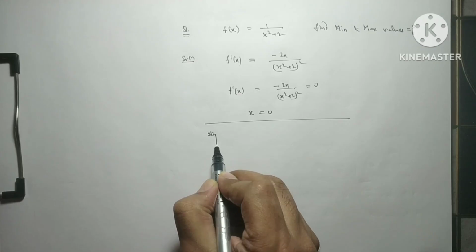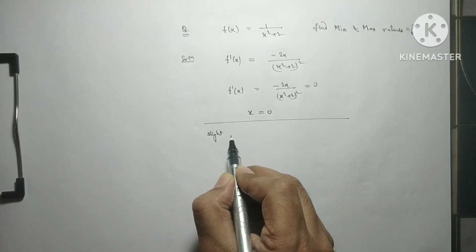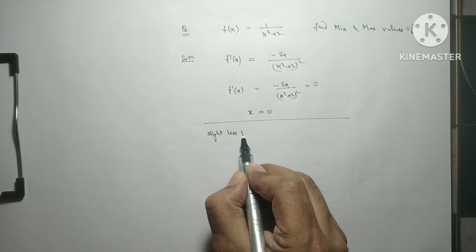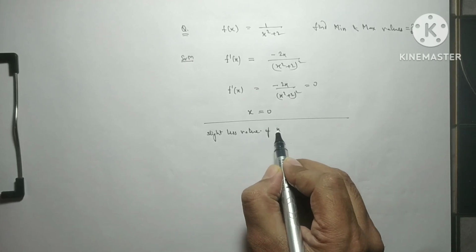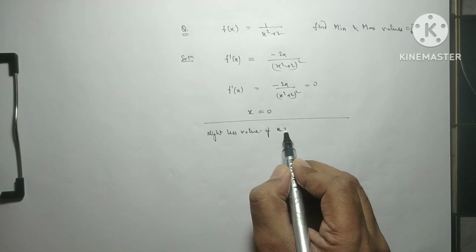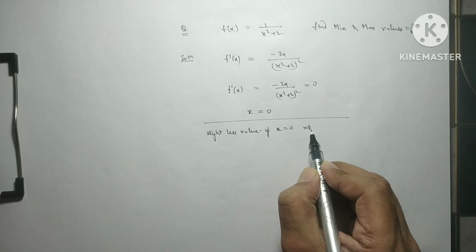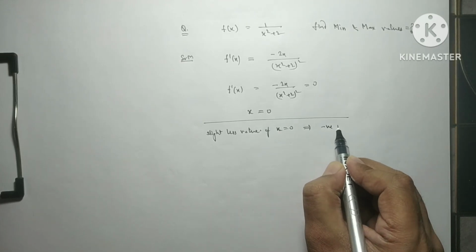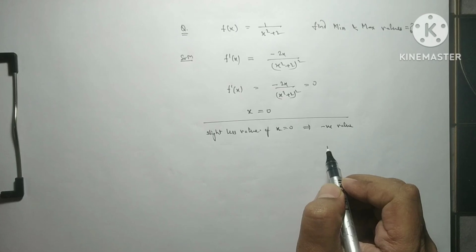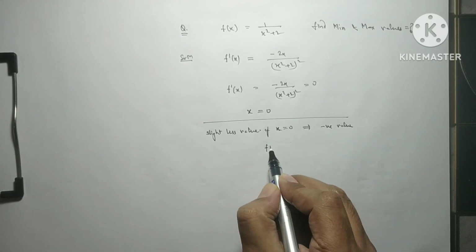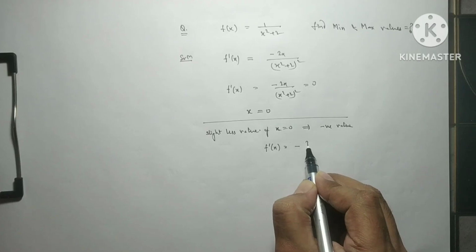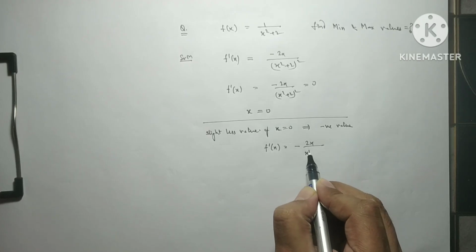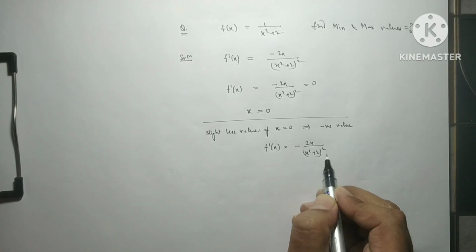So a slightly lesser value of x than 0, so it will be negative 1. When you put this in f dash x, so f dash x is minus 2x over x square plus 2 whole square.